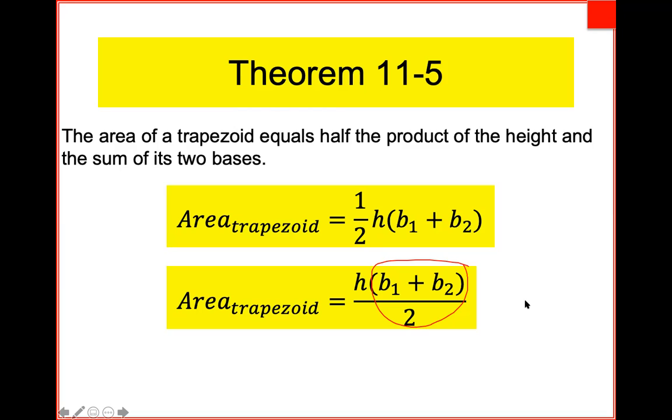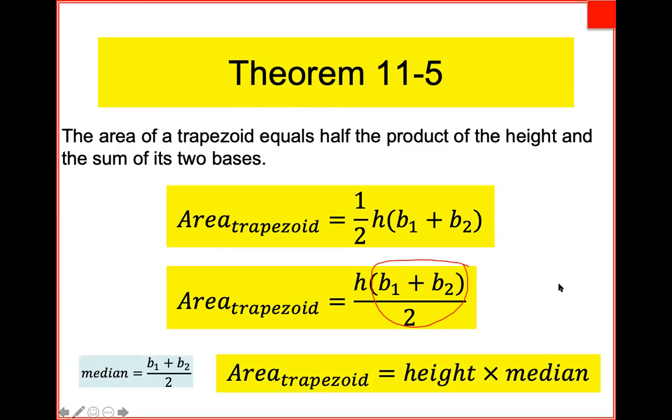So there actually ends up being theorem 11-5, and this is what it says. The area of the trapezoid is the height times base quantity base 1 plus base 2 divided by 2, and we just defined from the previous one, theorem 5-19, that the median is base 1 plus base 2 divided by 2, so we can write the formula for area of a trapezoid a little bit easier.